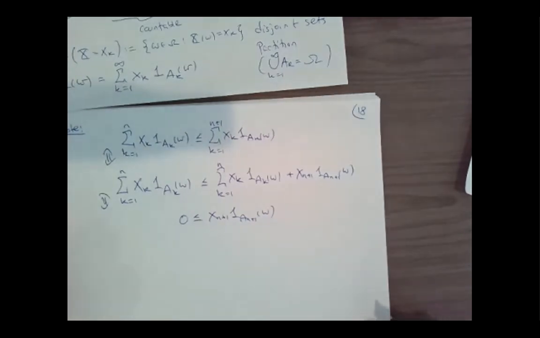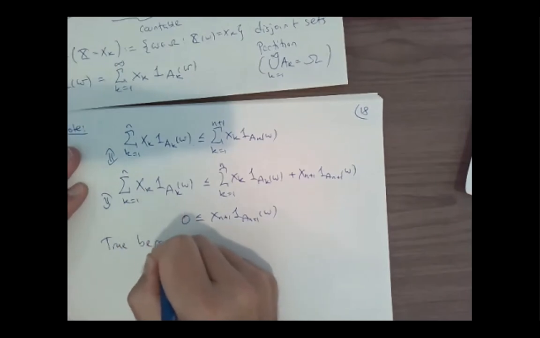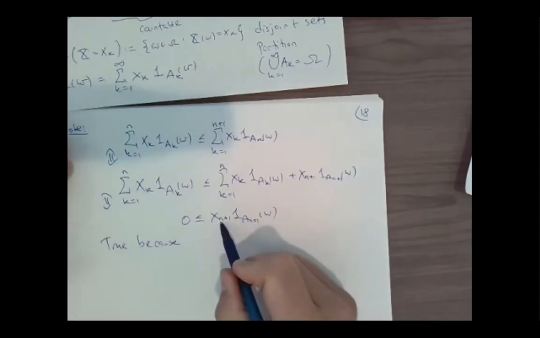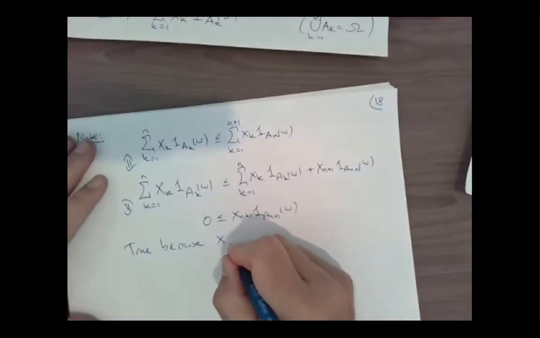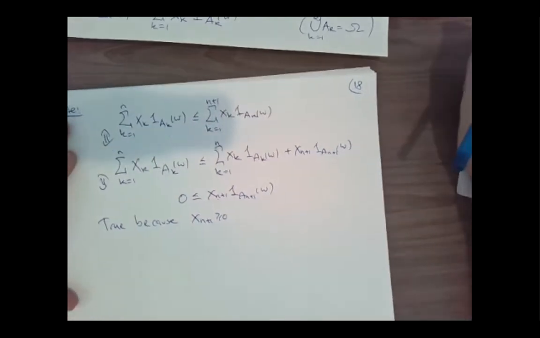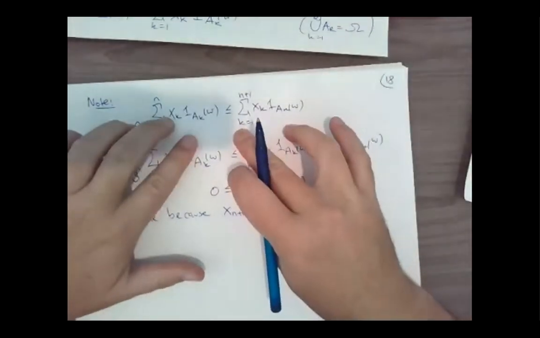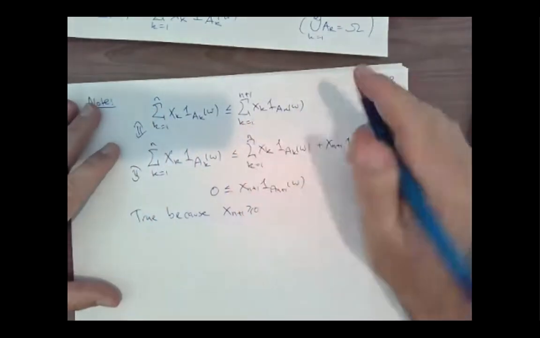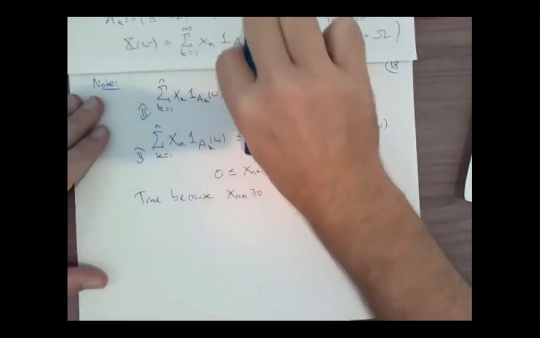And that's true, because my x's here were positive. So I have monotonicity. Furthermore, when I pass to infinity, I get exactly x.